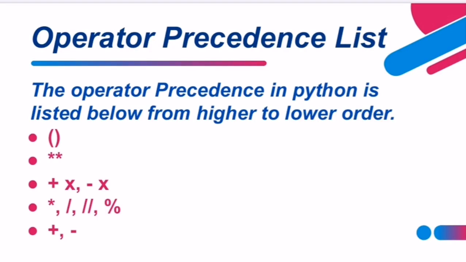Operator precedence list. The operator precedence in Python is listed below from higher order to lower order. In this picture you can see parenthesis is the highest, then the exponent operator. You don't need to remember that order. You can always search the operator precedence on the web if you have any confusion.